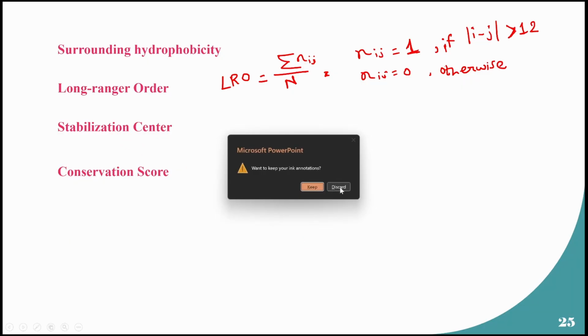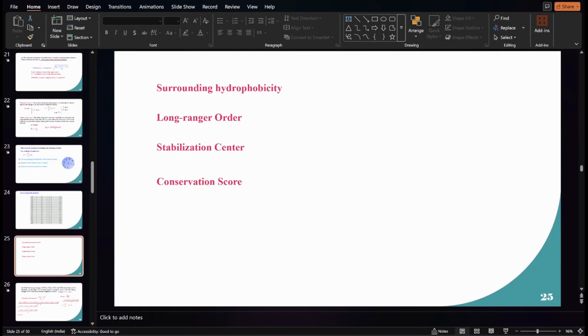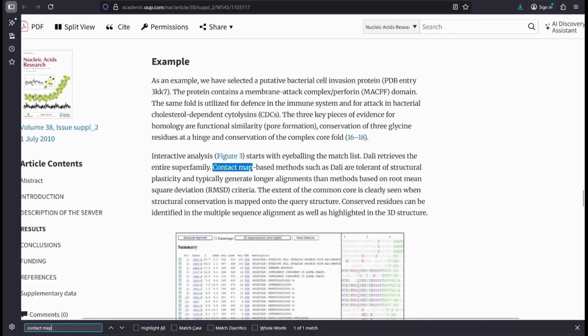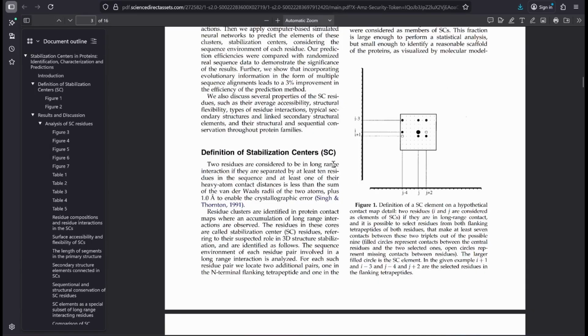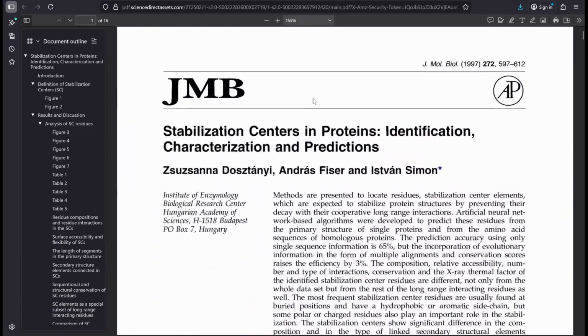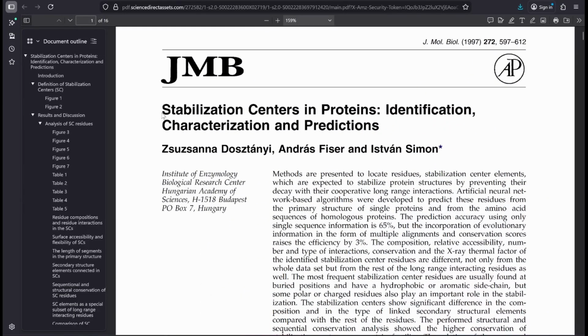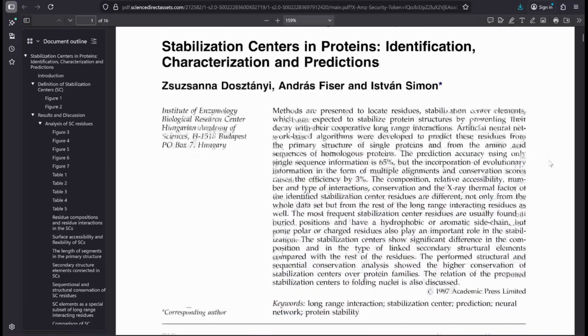Now, what is stabilization center? Let's take a look at the stabilization center from one of the original papers. It describes the stabilization centers in proteins, and it identifies, characterizes and predicts how those could be seen or calculated, right?